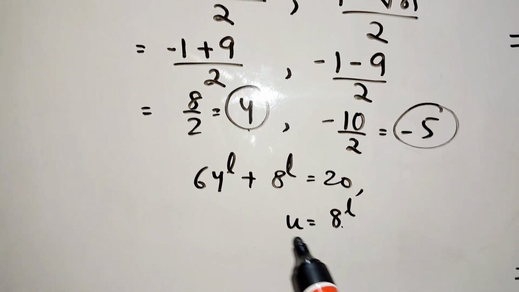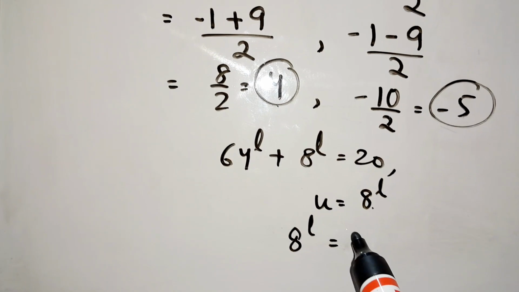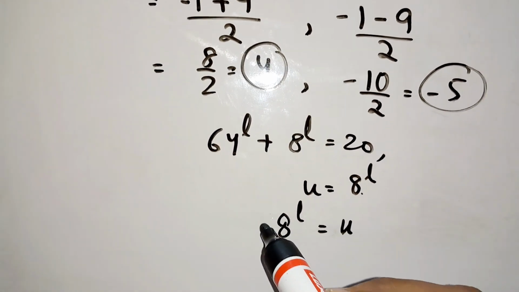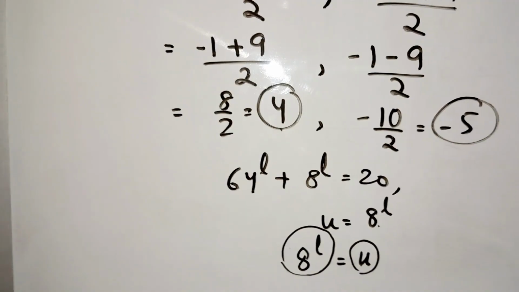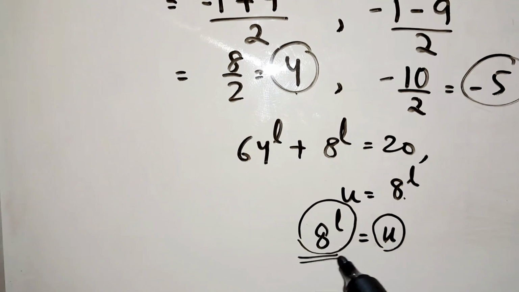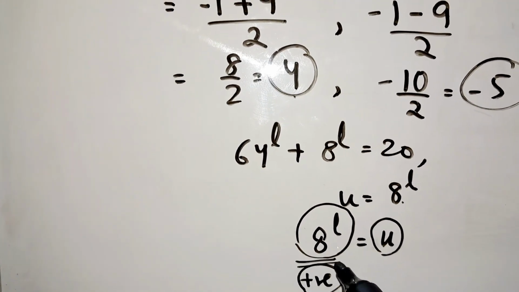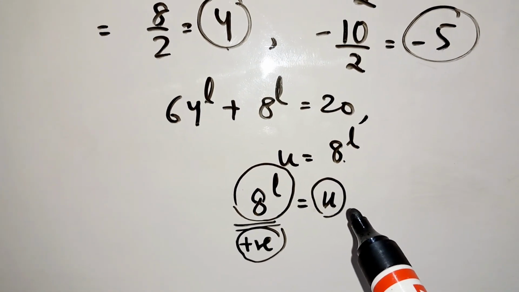So we can say 8^L = u. We can clearly see that 8^L is always positive, so u must also be positive.